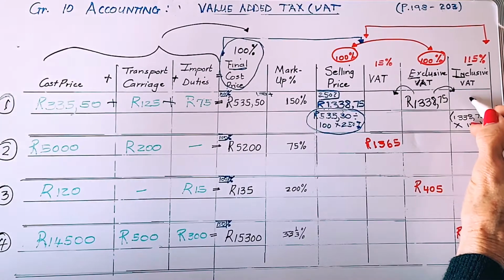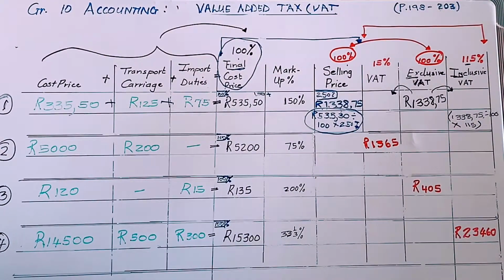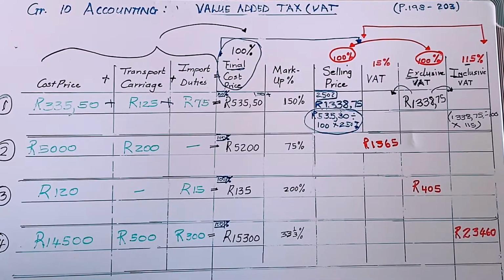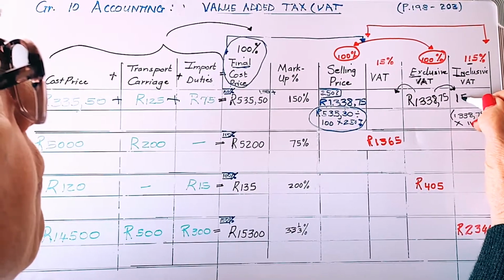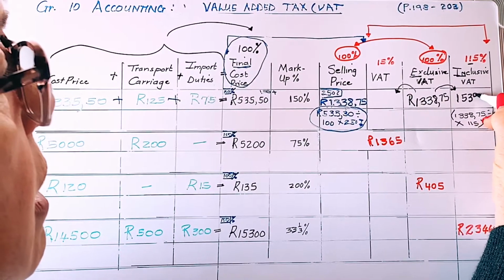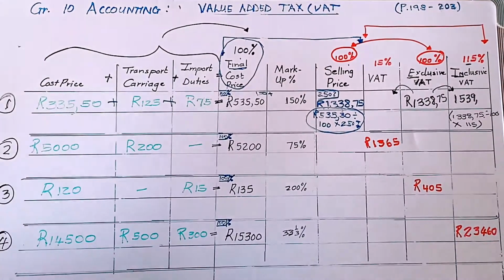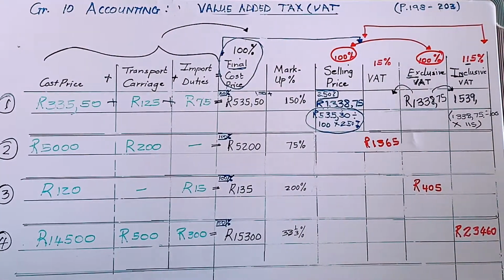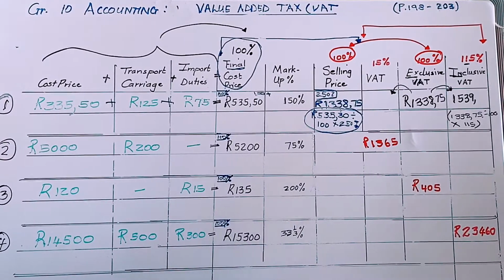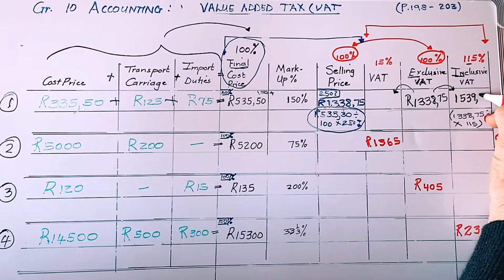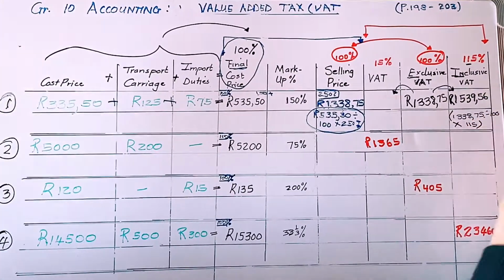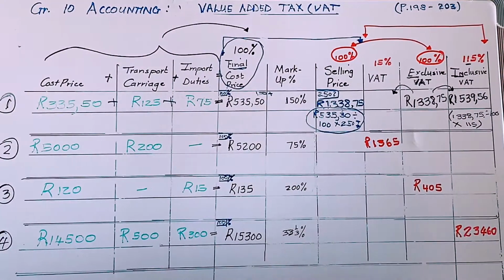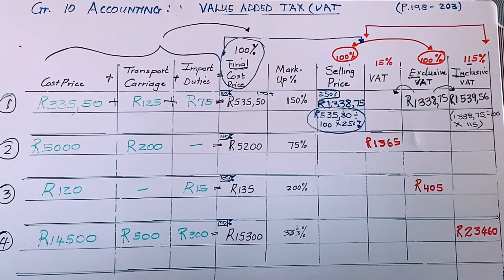That is your calculation to get your final inclusive amount, and that will now be R1539.56. Please do that so that you can see where those amounts come from.